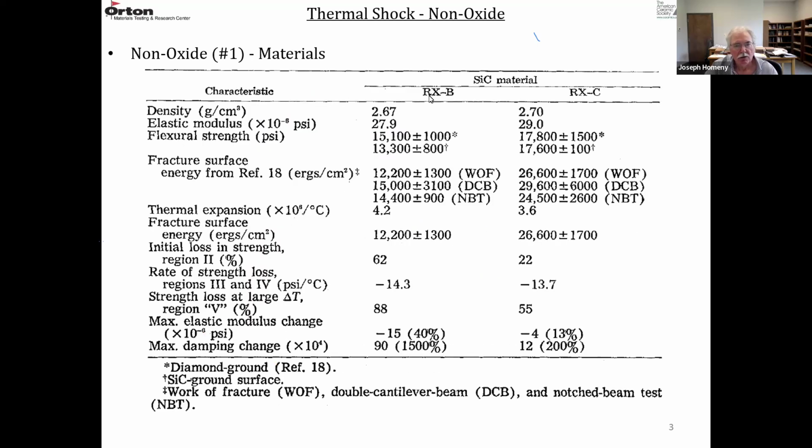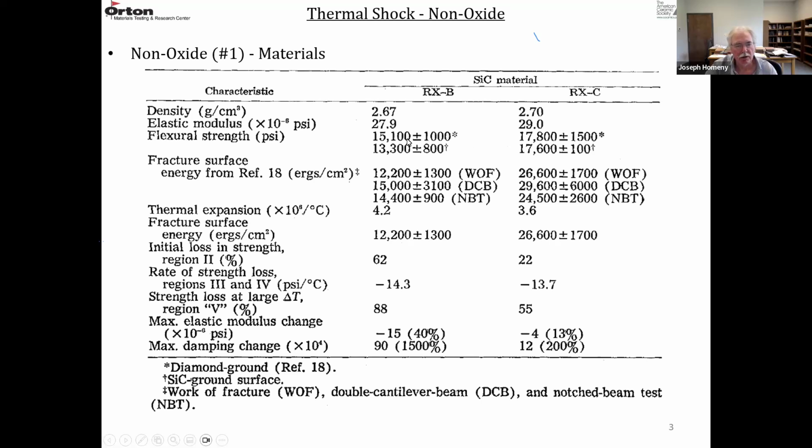So they looked at two silicon carbide materials, an RXB, and the other one was an RXC. They have similar densities, similar elastic moduli. RXC is a little bit stronger. This one's about 17,000, let's say, PSI.